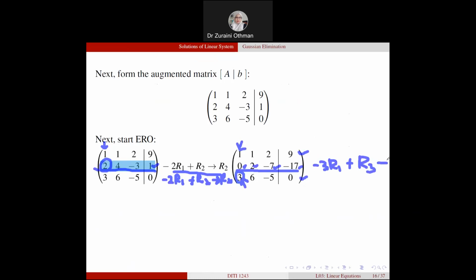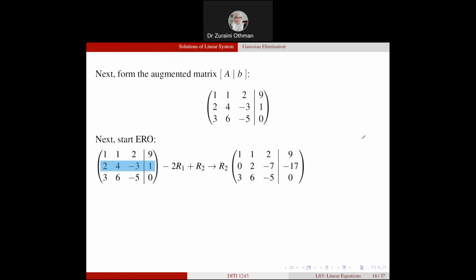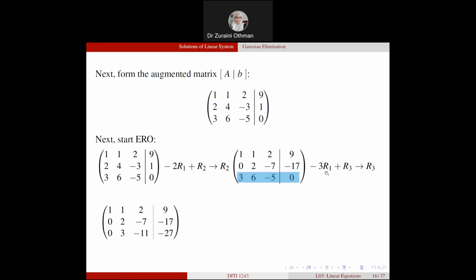Then change row 3. For row 1 and row 2, please copy them again. So this is the next formula. Okay, let's see what this person does. Like I mentioned just now, where it comes from. Then we do the elementary row operation for the whole row 3.